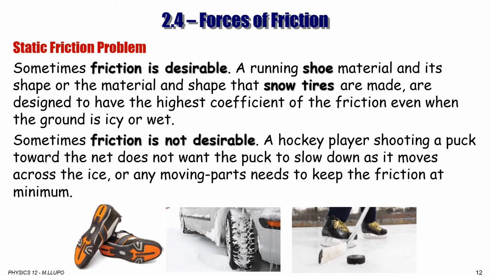A hockey player shooting a puck toward the net does not want the puck to slow down, and the game will not be fun if it is not played on a smooth, icy surface. As it moves across the ice, friction applies between ice and puck.